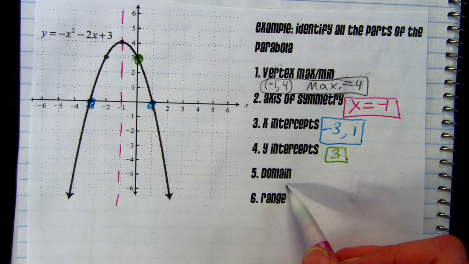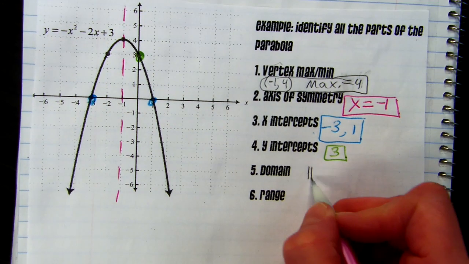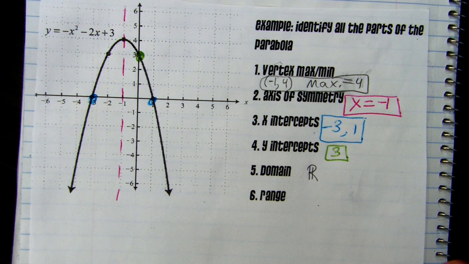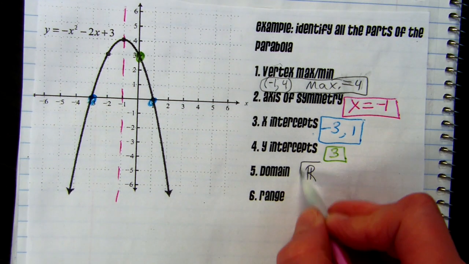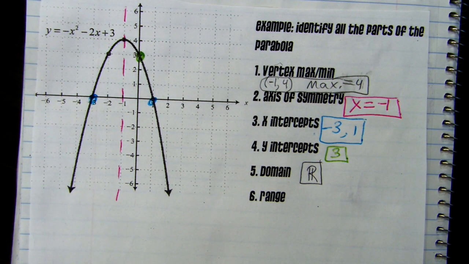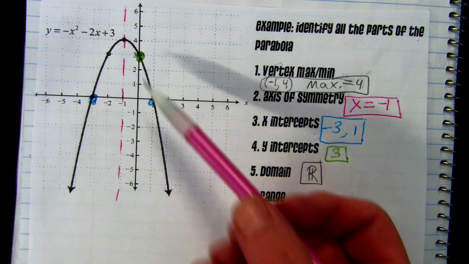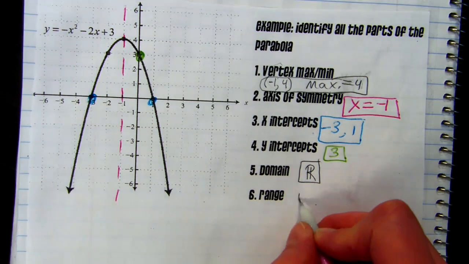Okay, what is the domain? What is the domain? For the x-axis, this is all numbers. That's just what it is. Now, range is not all real numbers.